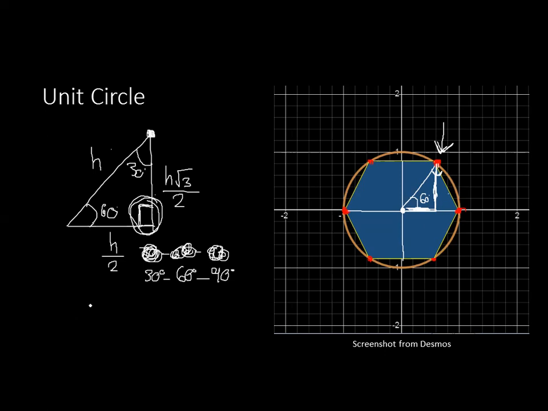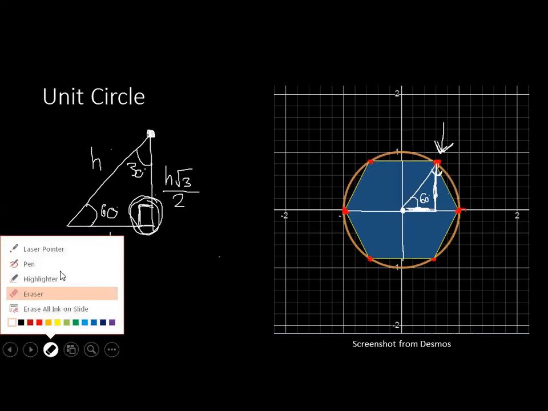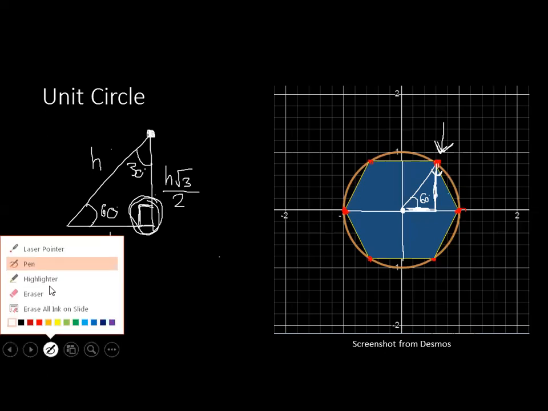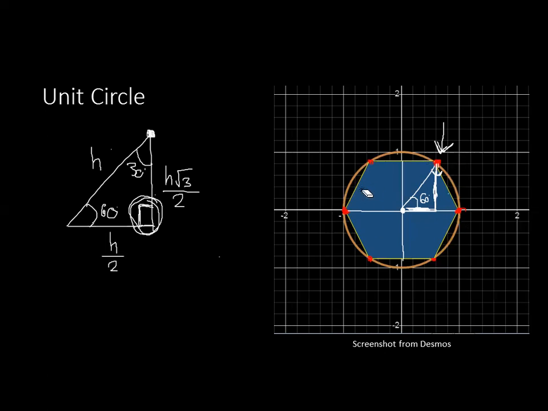Okay. So now what we're going to do is we will find the sides. Okay. So here, remember that the hypotenuse here is just what? The radius of a unit circle.